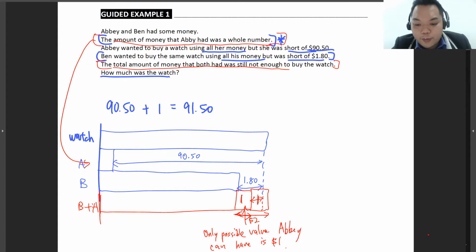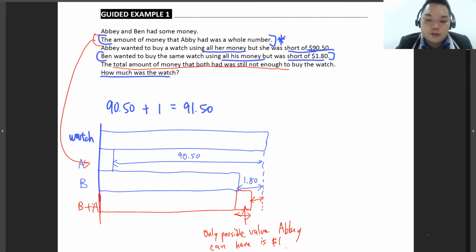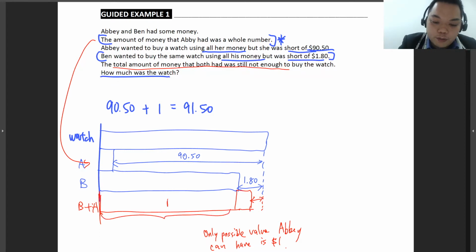Okay, this part here is for this portion, it's not maybe. This one is confirmed because whatever B has over here, B has been brought down over here already.